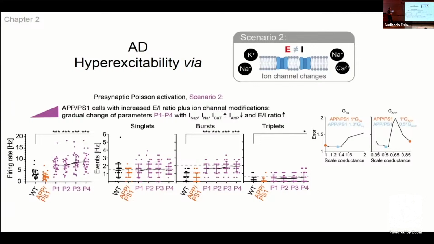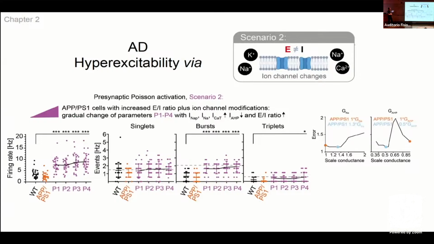And we can see here, for example, this is the sodium channel, that if you increase this, you get to a minimum. This is the after hyperpolarization channel. If you decrease this, now we look from the right to the left, you get to a minimum. And then we also check for combinations of these channels.